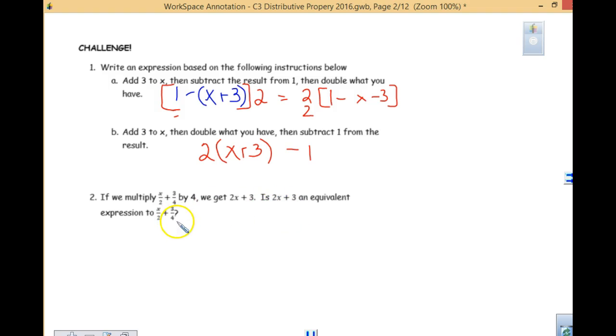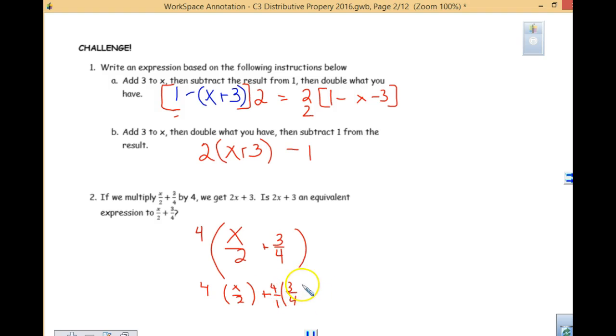This one says, if we multiply this fractional thing by 4, we get 2x plus 3. Is 2x plus 3 then equivalent to that? So, if I take x over 2 plus 3/4, and I multiply this whole thing by 4, which really means I'm taking 4 times x over 2, and I'm taking another 4 times 3/4.